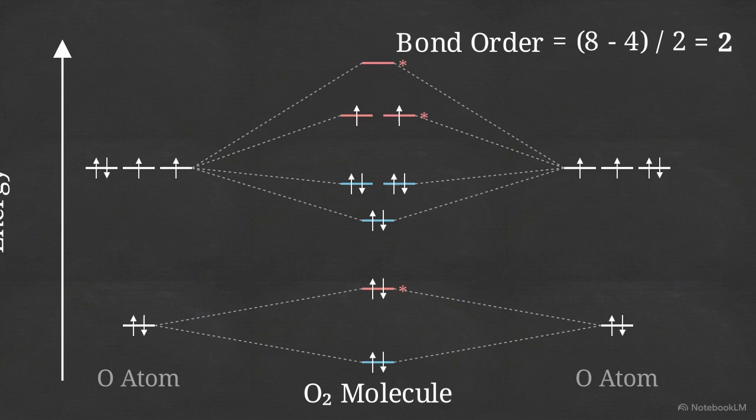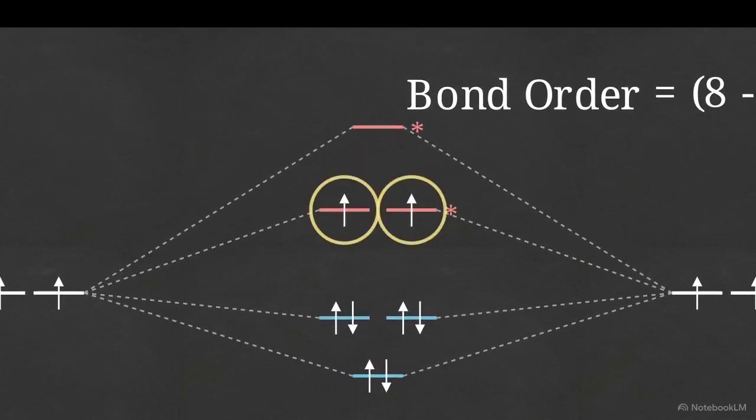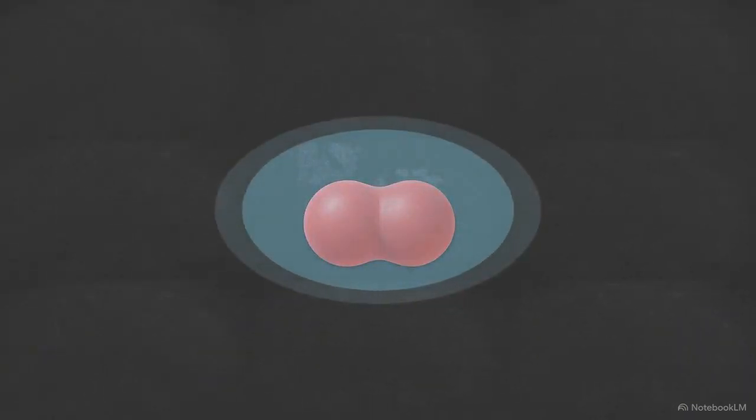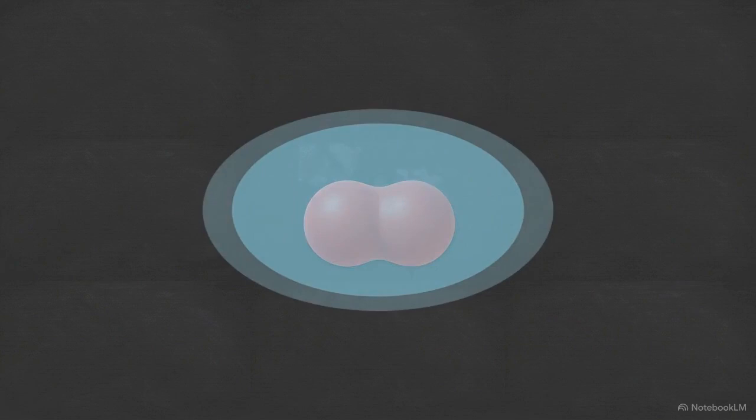For oxygen, this yields a double bond. Crucially, it also reveals 2 unpaired electrons sitting at the very top of the energy ladder, the source of liquid oxygen's magnetic properties. By treating electrons as quantum waves that span the entire structure, molecular orbital theory resolves the physical properties that earlier localized models could not handle.